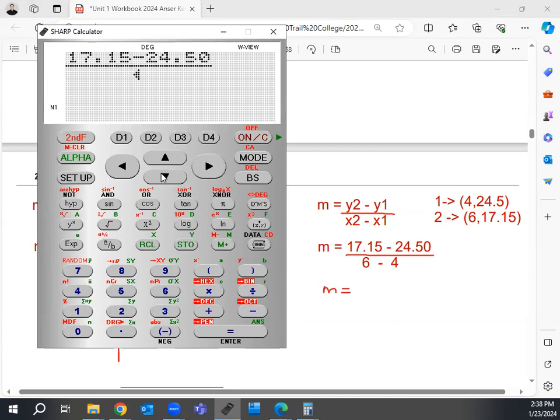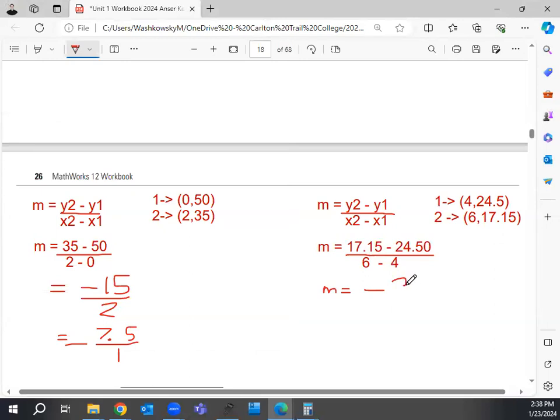I can use my arrow keys up here to navigate. 6 minus 4. And it's going to give me negative 3.675. But remember, there's always a little invisible one there.